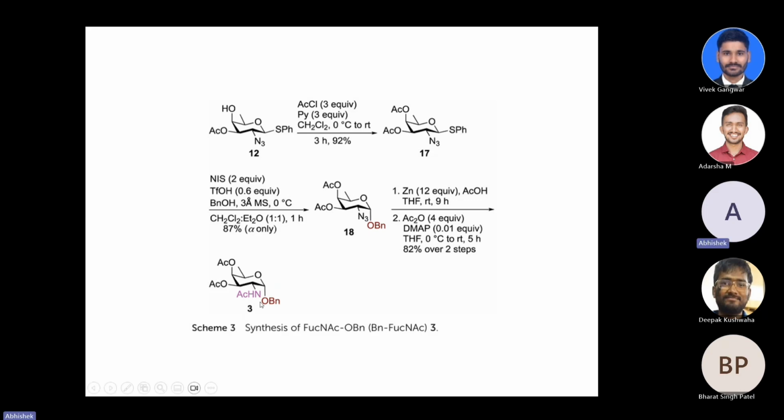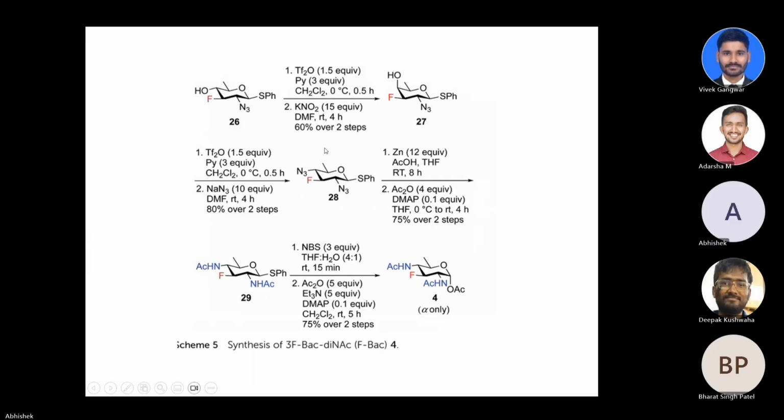He formed these three molecules following the same reaction scheme. And these are the synthesis of 3F bacteriodynamic. These fluorine derivatives molecules, as he follow the same reaction scheme as I discussed earlier.